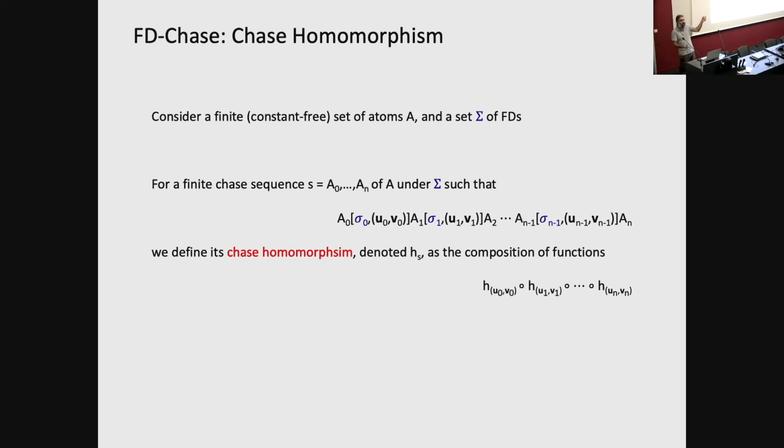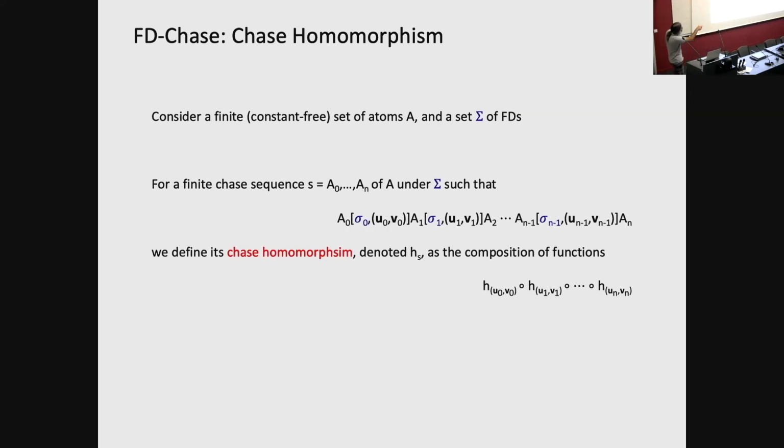So I would like to keep track that eventually the variable X in the first set became the variable W in the last set. So I would like to keep track of how a variable is affected, and this is done via this notion of chase homomorphism, which can be defined very easily.